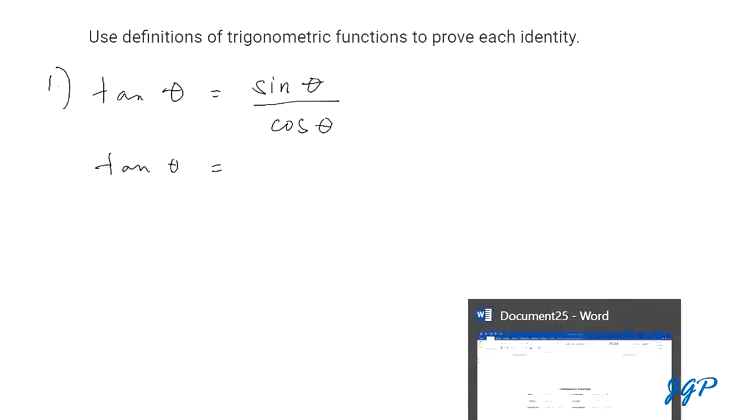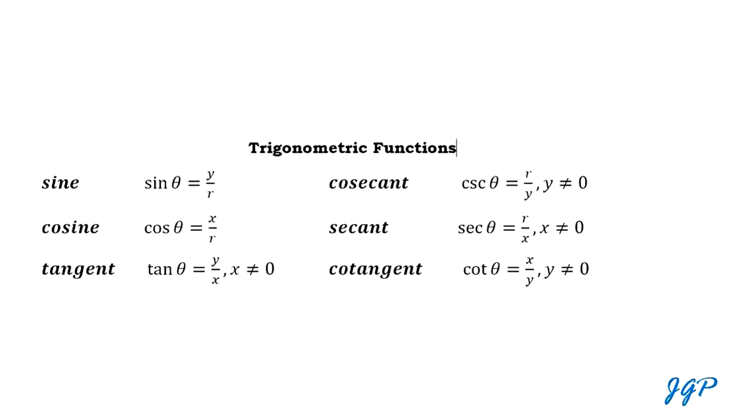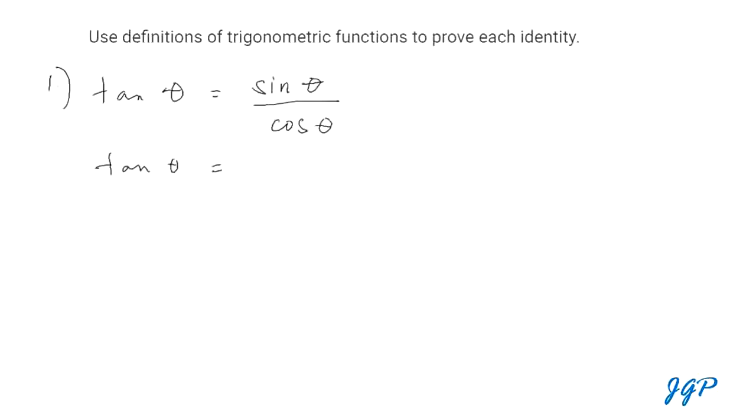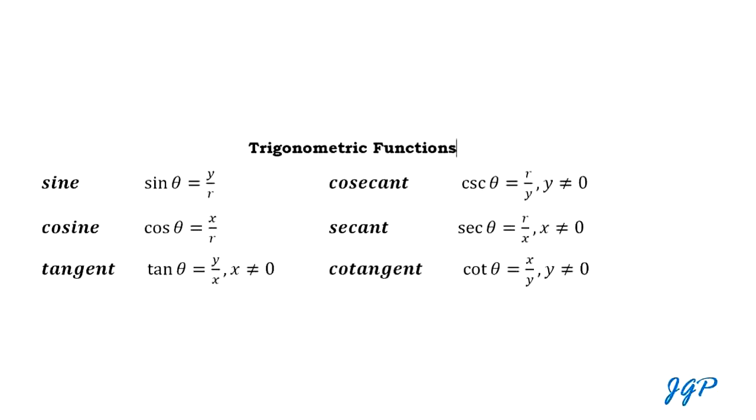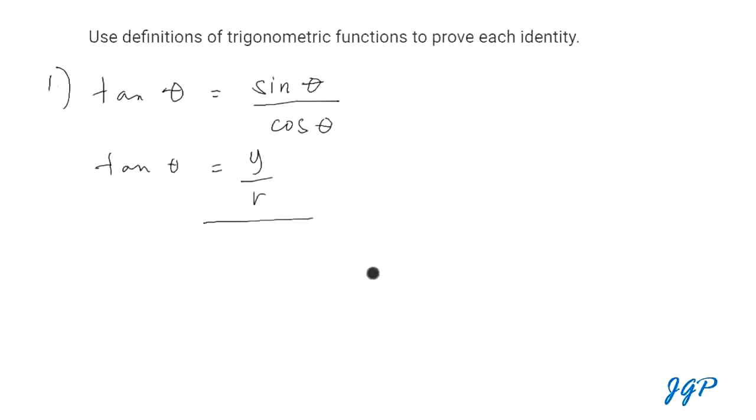For the sine theta, you all know that it is y over r, and over, for the cosine theta, we have x over r.